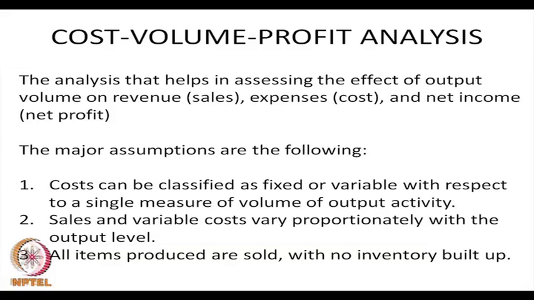Third, all items produced are sold with no inventory built up. So, these are the three basic assumptions. Whatever we produce, we sell, and there is a fixed cost that does not change with the production volume, and a variable cost and also revenue, they change proportionately with the volume of production and sales.